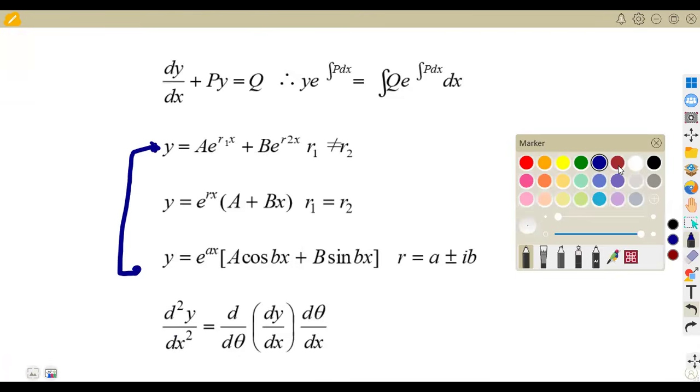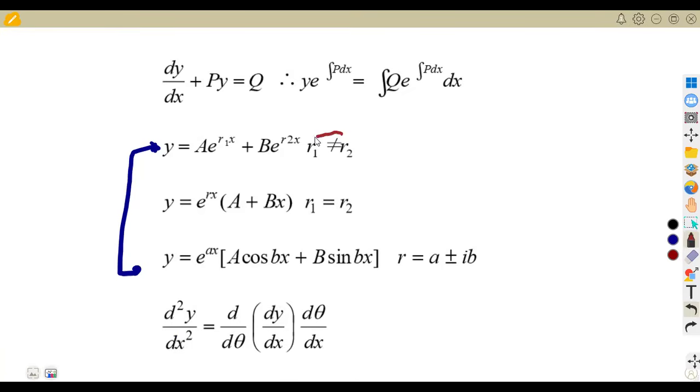They are saying R1 is not equal to R2. For you to have solutions, it was given as aR squared plus bR plus c equal to 0. It was in terms of R. That is why our solutions here are saying R, but you can use M as long as you know that M is the same as this R.